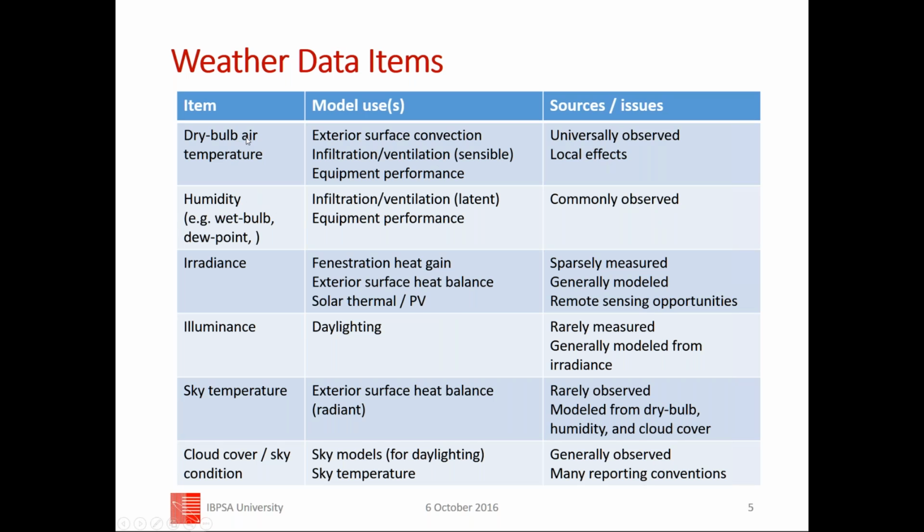So we start out with dry bulb temperature, the most obvious, air temperature, that's needed for exterior surface modeling, infiltration, heat gains, ventilation heat gains, and equipment performance of any air-cooled equipment. And this is universally observed, but there are local effects: if weather's observed, say, at an airport, it won't necessarily match an urban site, and we'll talk about that later.